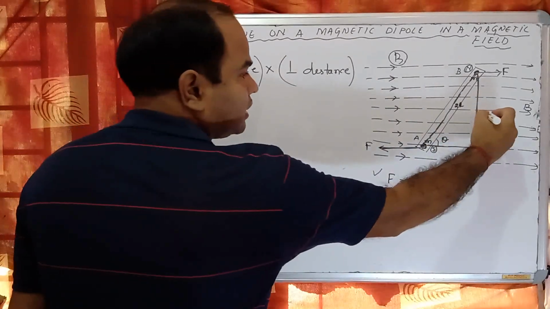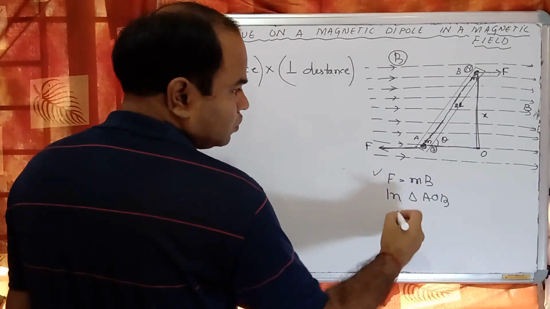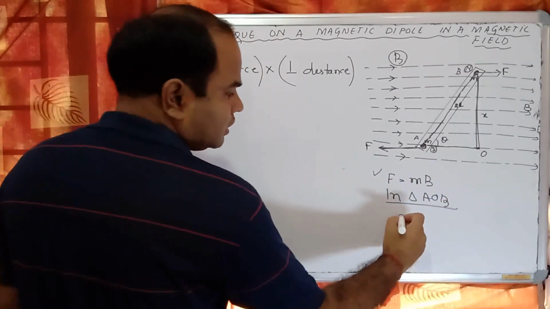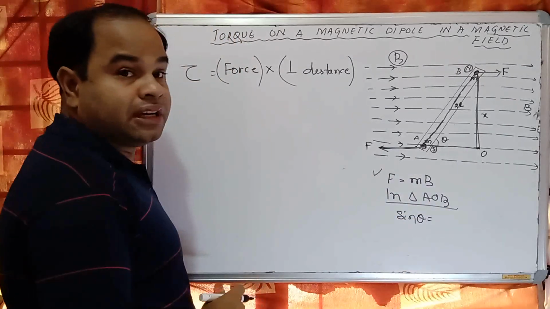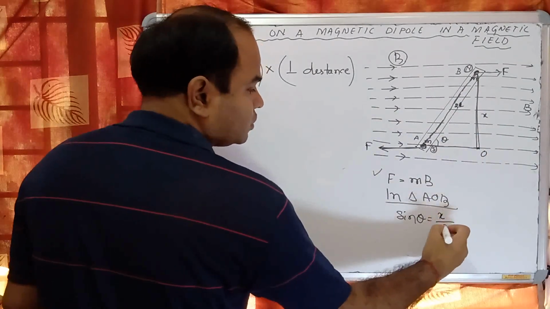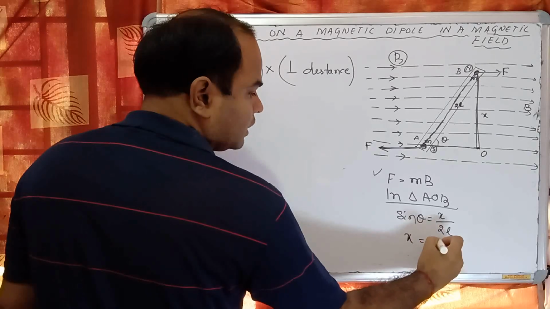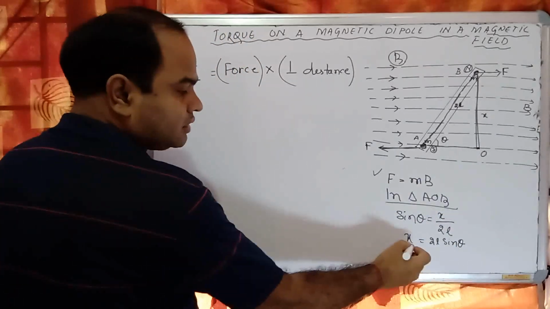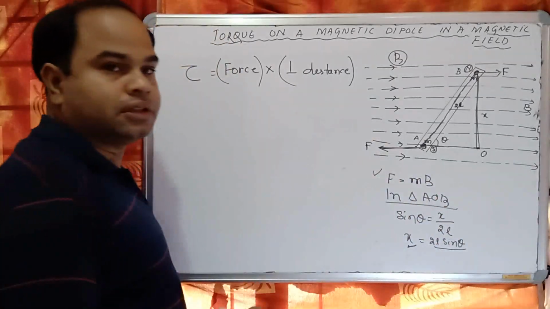Let us say this is x. In triangle AOB, sin theta is equal to height by hypotenuse. Height is x, hypotenuse is 2L. So x is equal to 2L sin theta. So x is the perpendicular distance, that is equal to 2L sin theta.